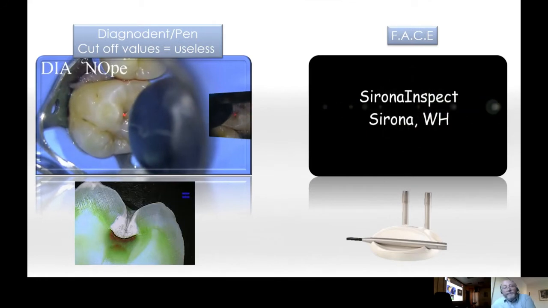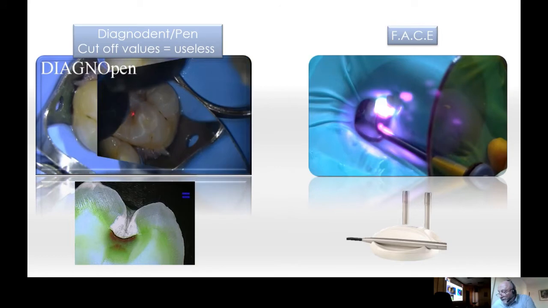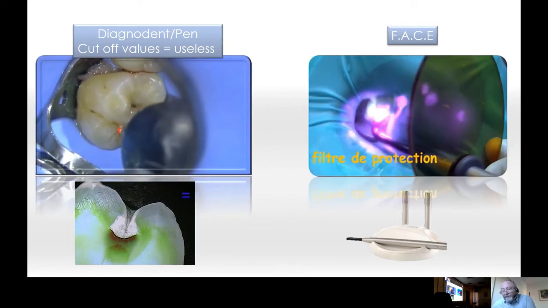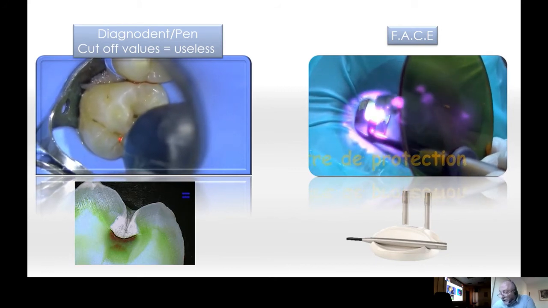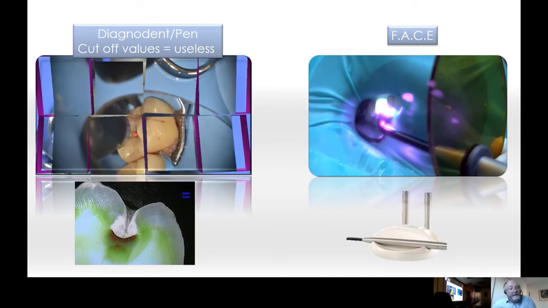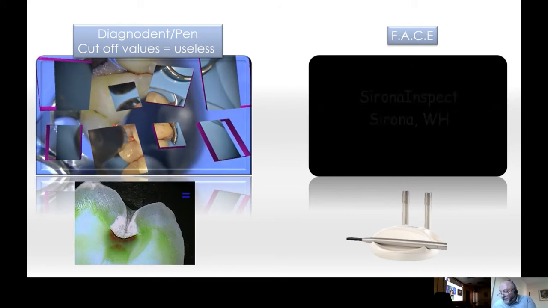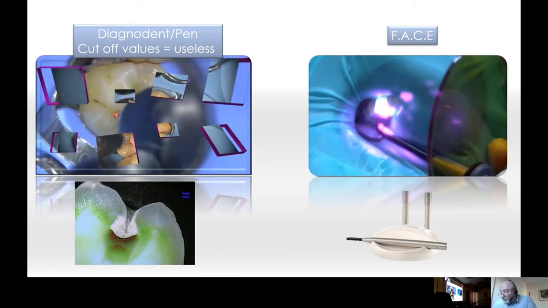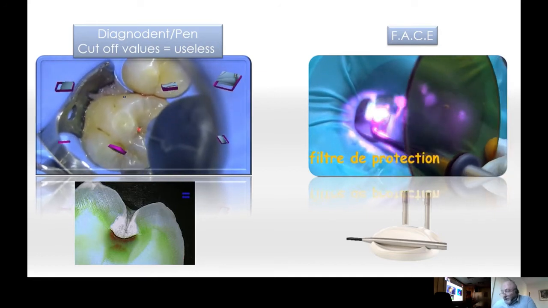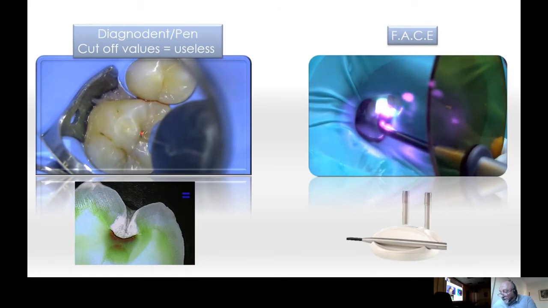For example, one of the main failure reasons for DIAGNOdent or Pen based on laser signal is that the crystal fiber tip is too large, and in case of non-cavitated lesions, the device is unable to detect cavitation. And the laser signal is highly disturbed by the fluorescence coming from debris in the deepest part of the groove, meaning that in this clinical situation, drilling is unnecessarily recommended by this tool.